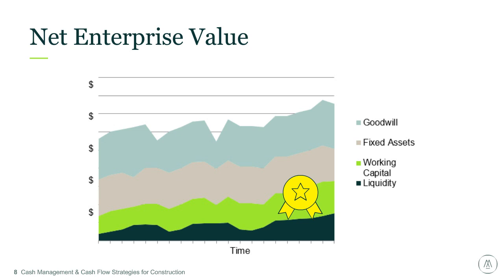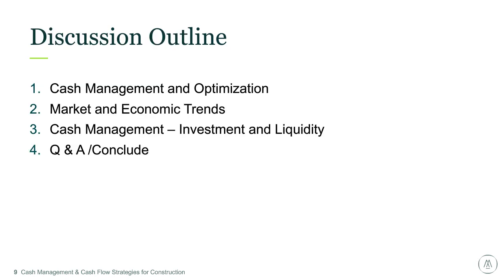Before we get into the nuts and bolts of our presentation, I thought it'd be helpful to go over the overall discussion outline today. In just a minute, I'm going to kick off a detailed discussion of cash management and optimization. What are our top performing clients doing? What are some ideas that you can take away from this presentation to implement in your organizations?